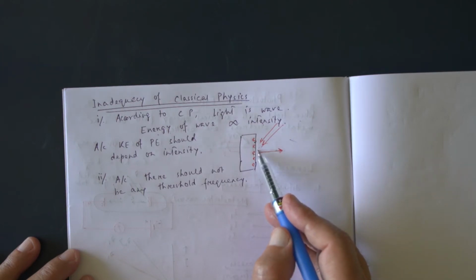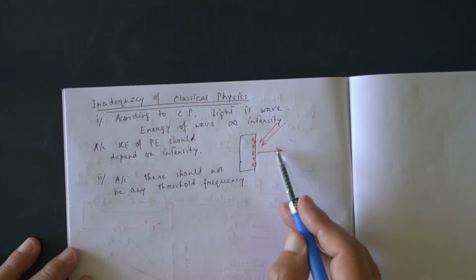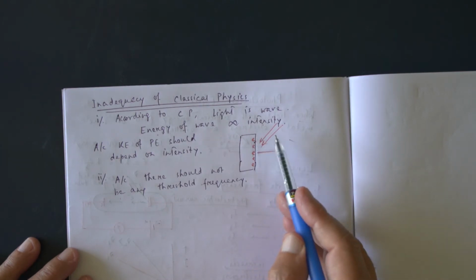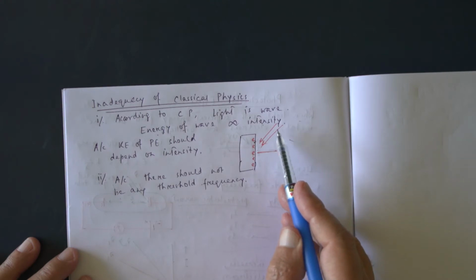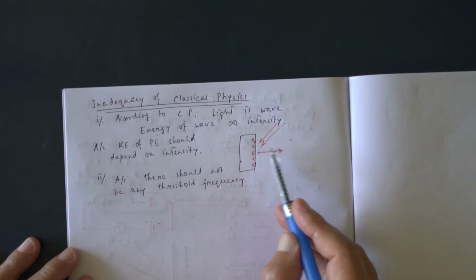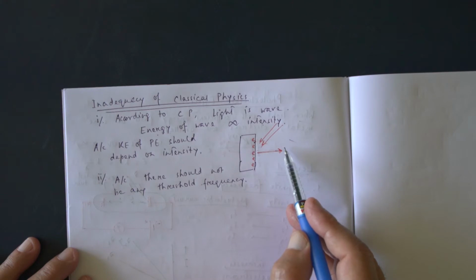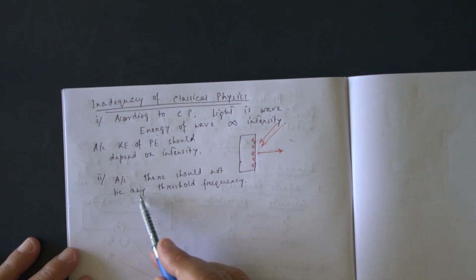According to classical physics, electrons should be emitted at any frequency provided the light is sufficiently intense. But practically, what do we find?